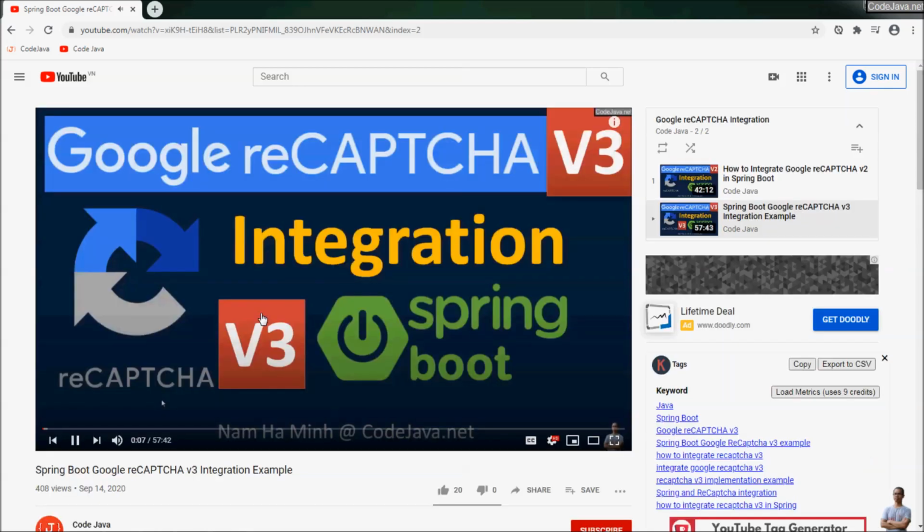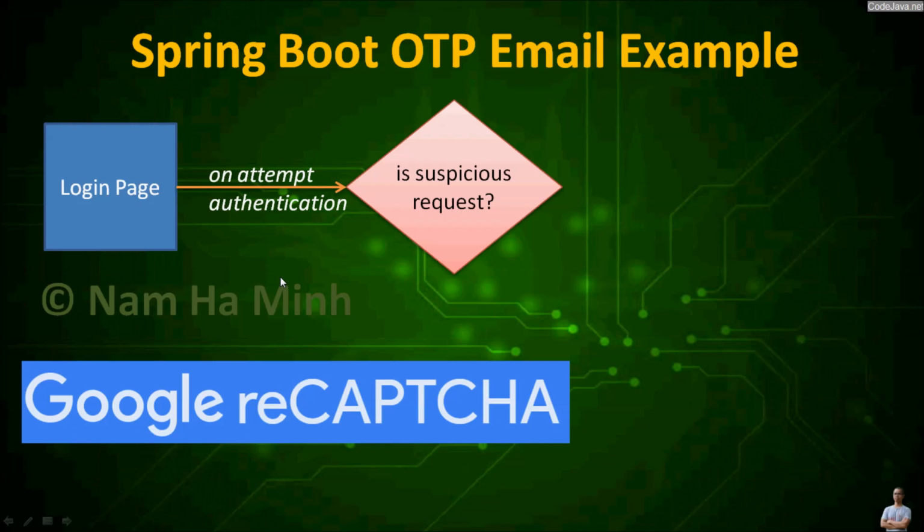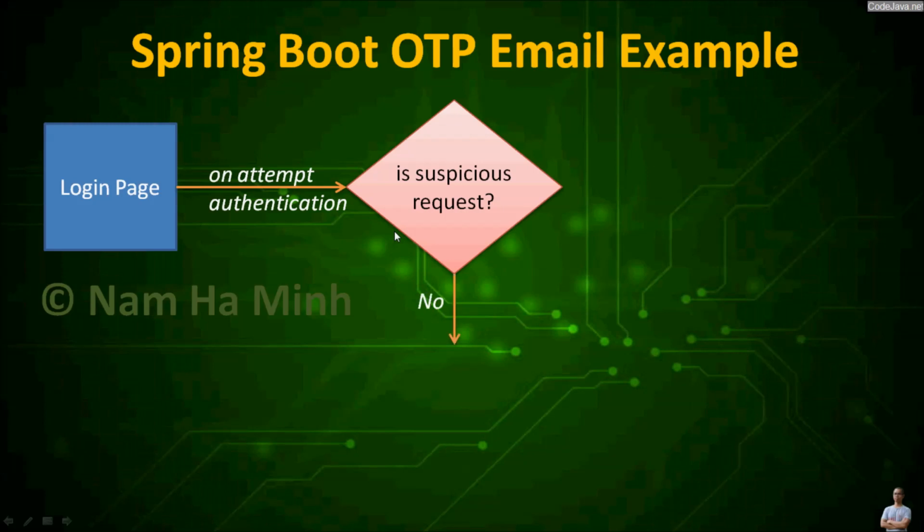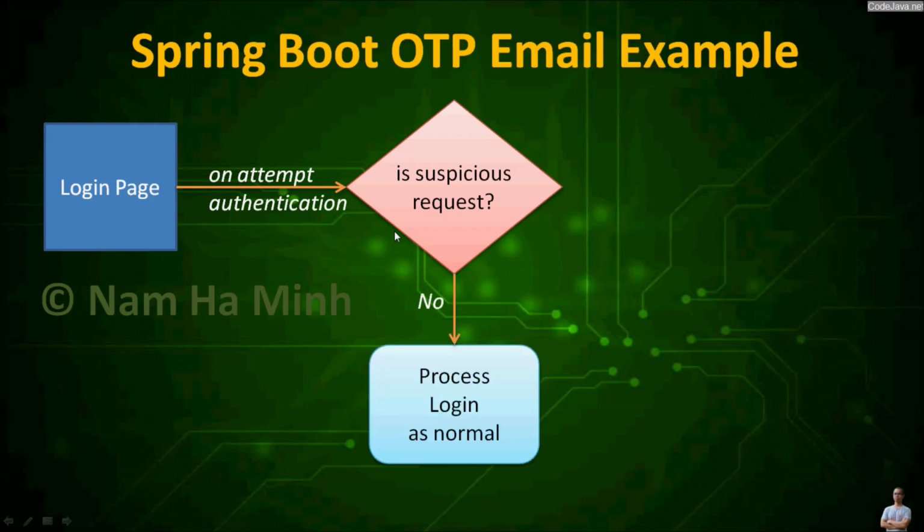So depending on the returned score from the Google reCAPTCHA API, the application can decide if a request is suspicious or not. In case the request is normal, the application will process the login, the authentication, as normal.